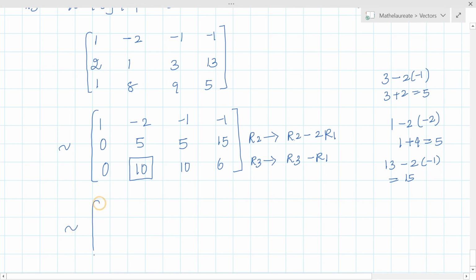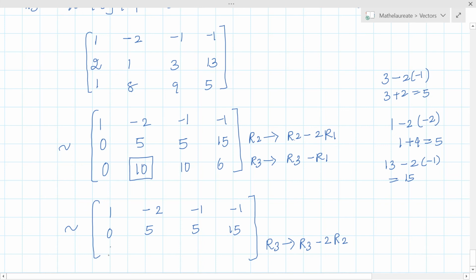Now write the first two rows as it is: 1, minus 2, minus 1, minus 1, and 0, 5, 5, 15. The new R3 is R3 minus 2 times R2, which can make the second term 0 in the third row.